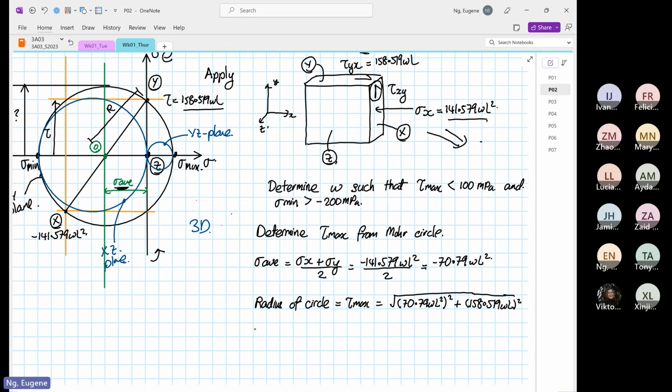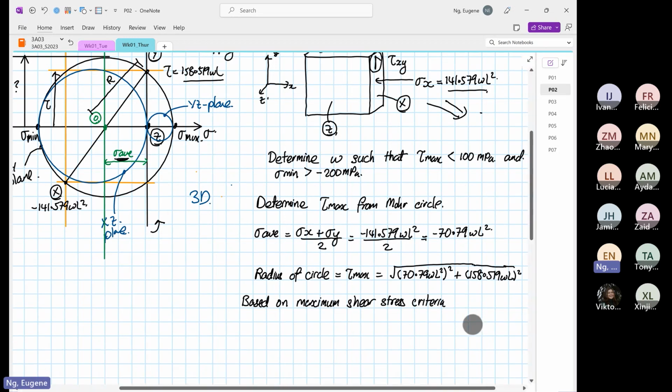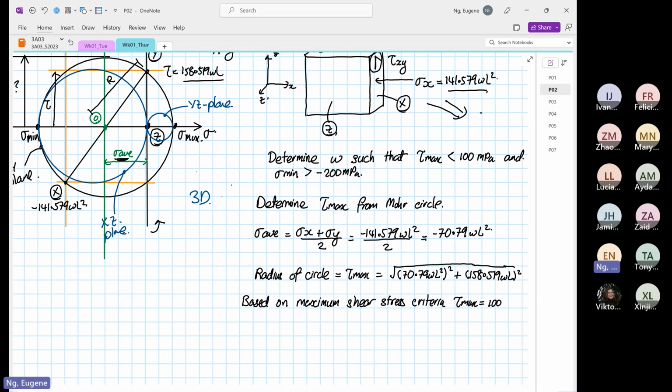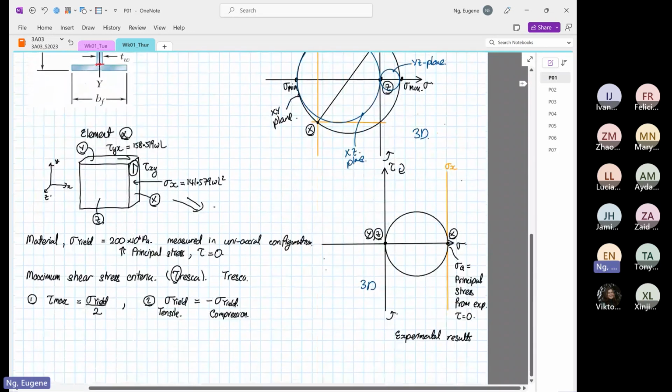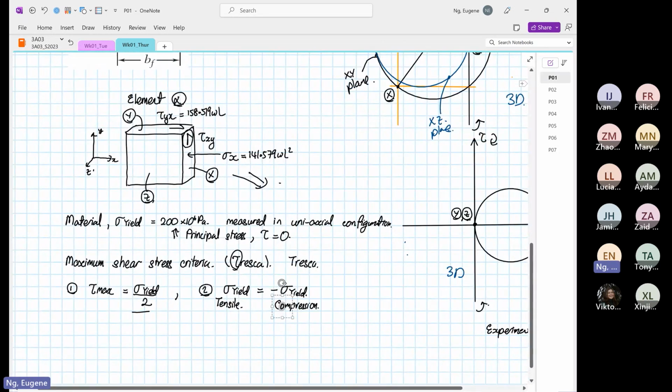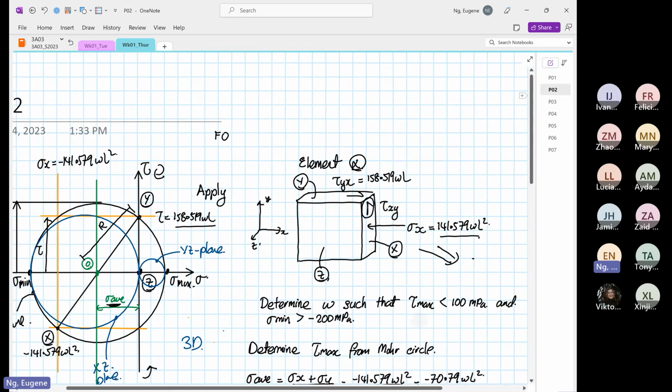So we know that based on the maximum shear stress criteria, tau max will be equal to 100 times 10 to the power 6 Pascal, written down on our previous page. We know that this is equal to stress U divided by 2. In fact, I will not skip steps.